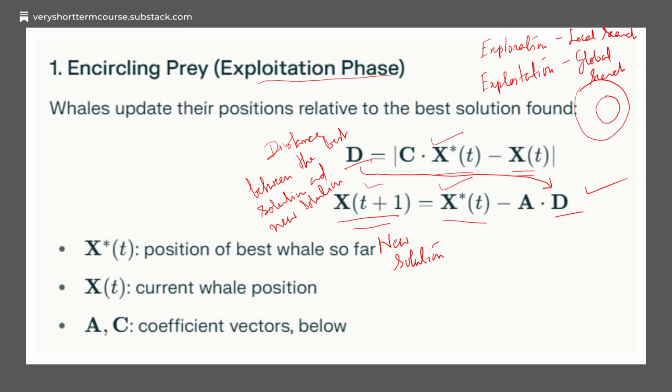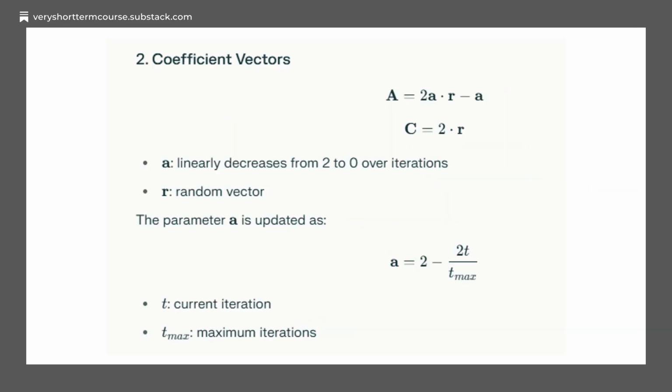Okay, now you will say, what is A and what is C? A is actually the coefficient which is equal to 2 small a dot r minus a. So what is this small a? This is a small value which linearly decreases from 2 to 0 over iterations.